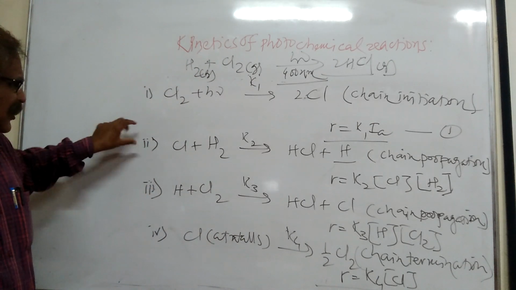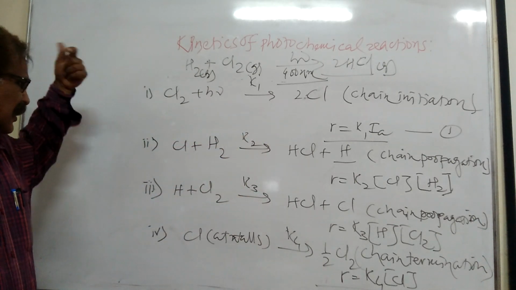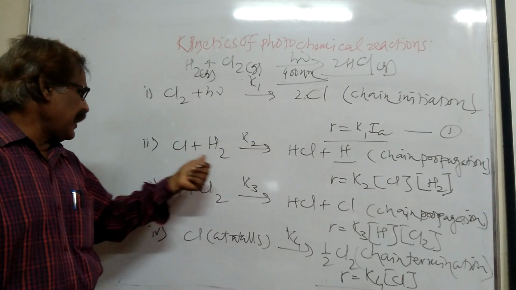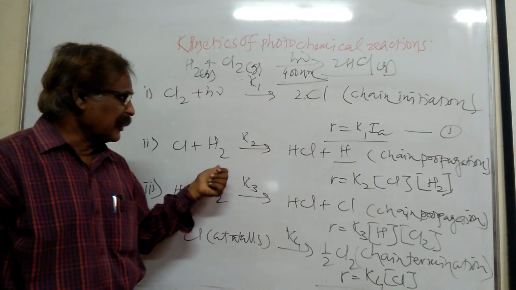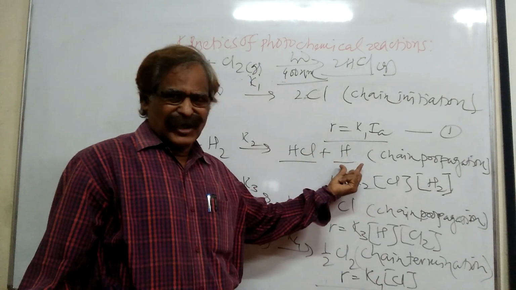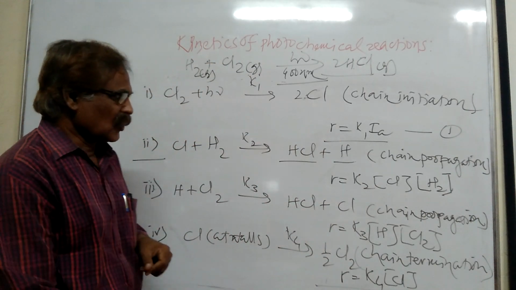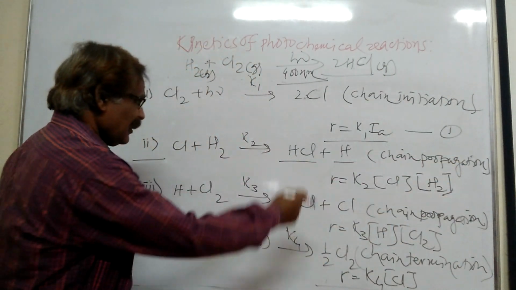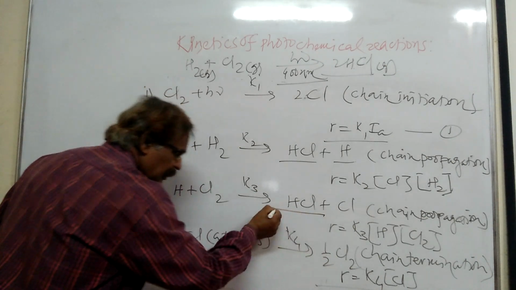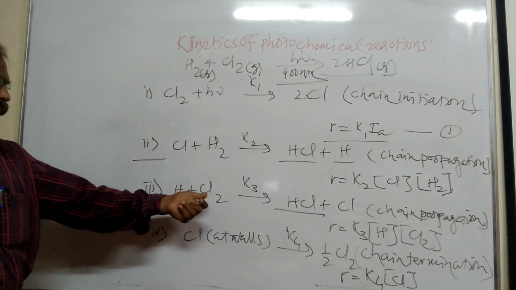The second important reaction in this particular case is the chain propagation reaction, in which chlorine generated in the chain initiation step reacts with H2 and gives HCl and H. This H generated in this step reacts with Cl2 and gives HCl, and Cl is generated in the third step.